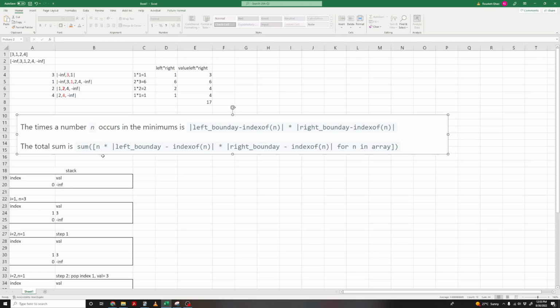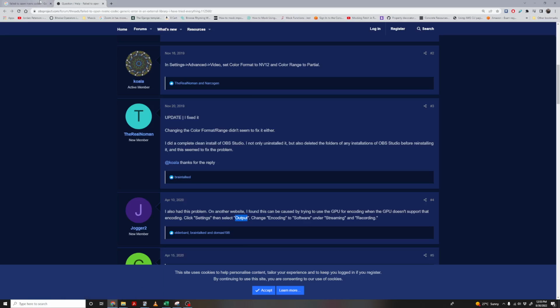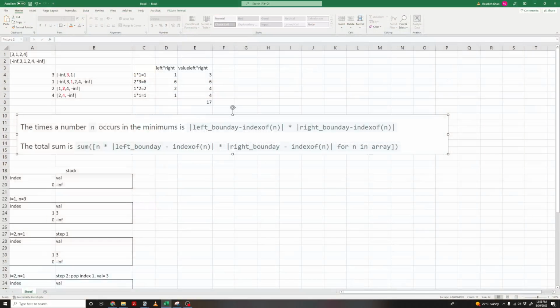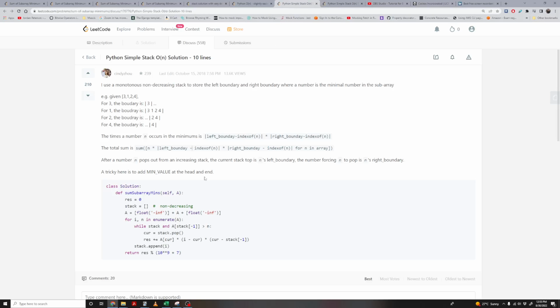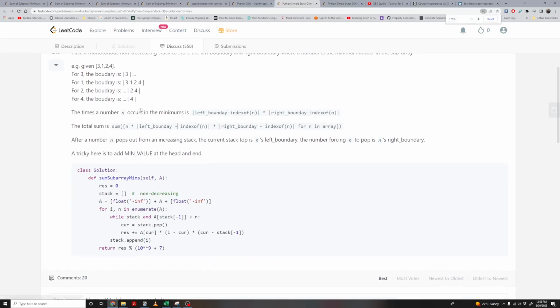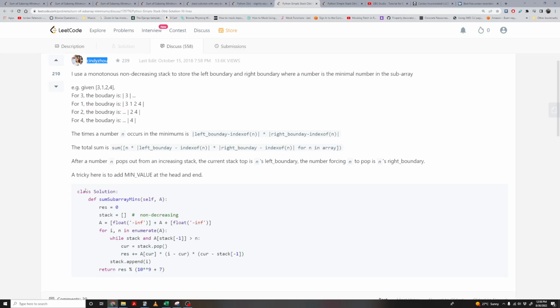Okay, so let me show you what I mean. Basically, I'm borrowing her idea. We are going to have a stack, and we are looping through the whole array.